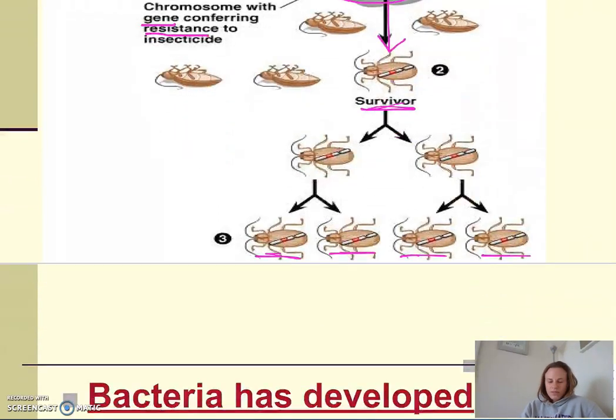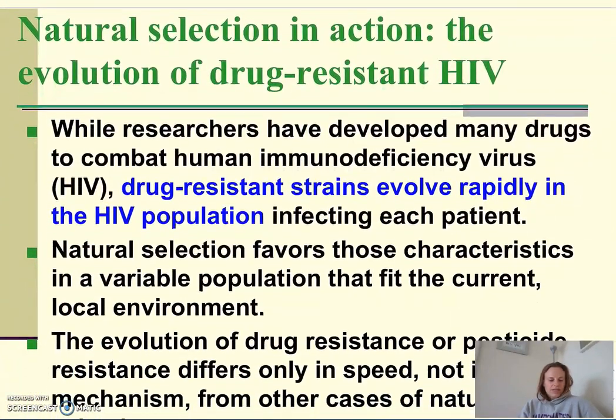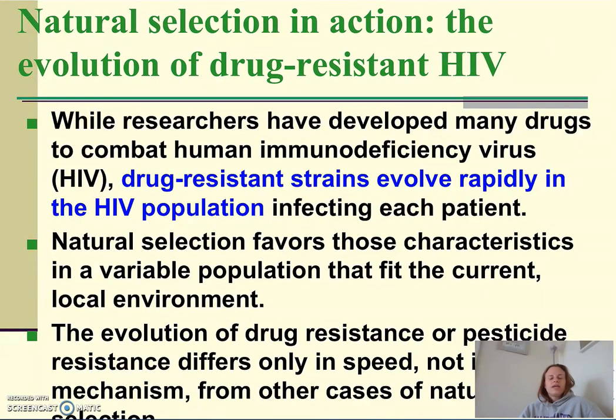Another example of natural selection in action, or natural selection in modern times, are strains of HIV that are resistant to drugs. That's why HIV patients sometimes have to take a cocktail of drugs, because the different drugs can sometimes kill the different mutant strains of HIV.